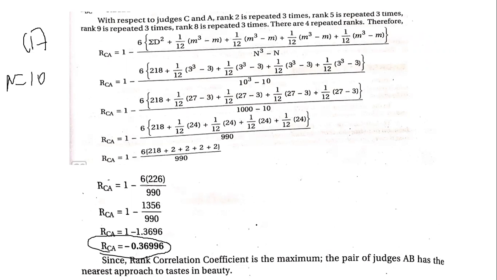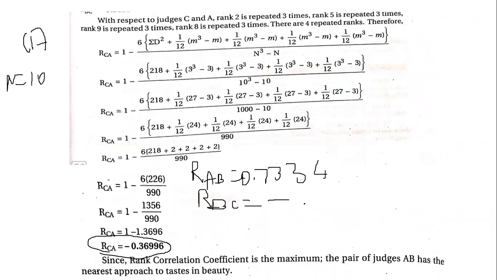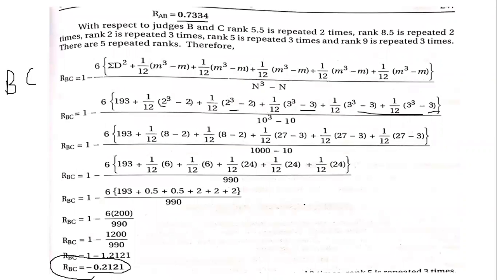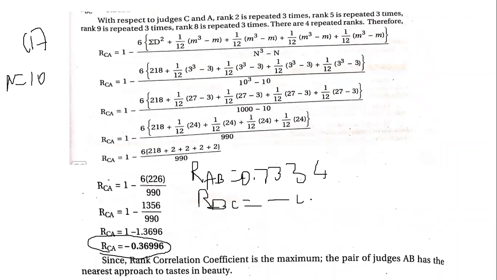Now let us see the values for all the 3 judges. What was the rank of A and B? It is 0.7334. Next, rank of B and C is minus 0.2121.